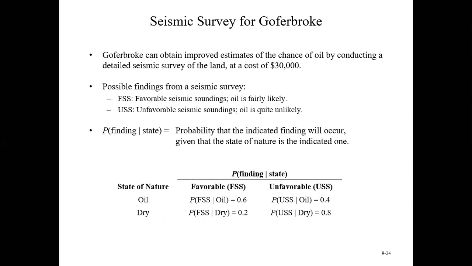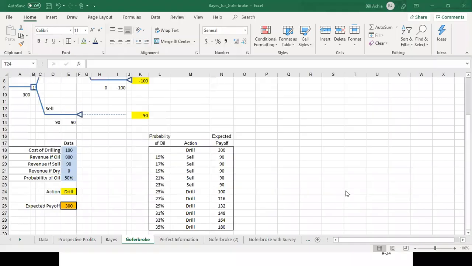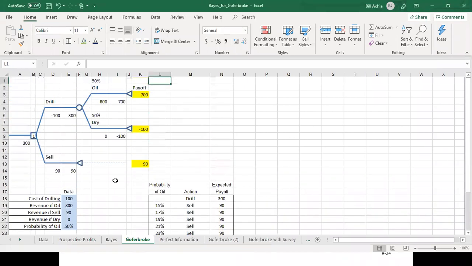And we're told here that that information can be acquired at a cost of $30,000. So that information expense of $30,000 is an additional cost that we have to factor into this decision tree. If we get new information, it's going to cost an additional $30,000.